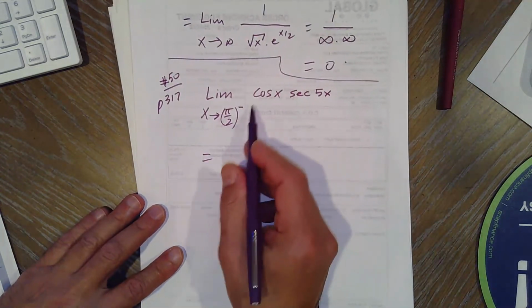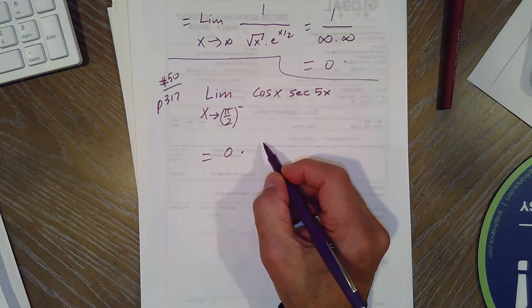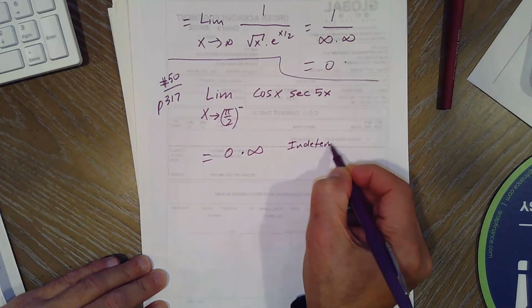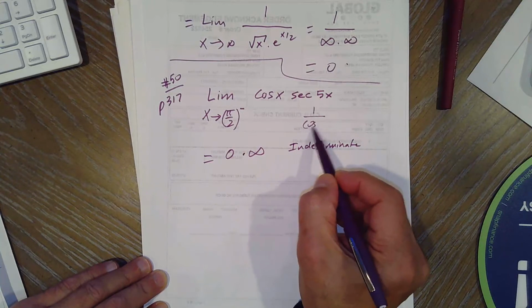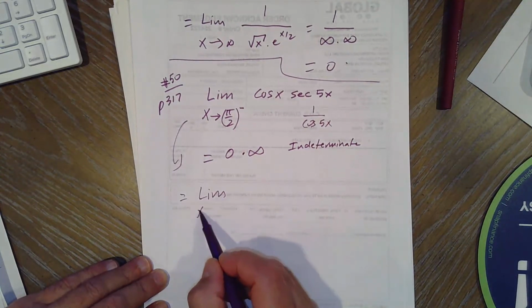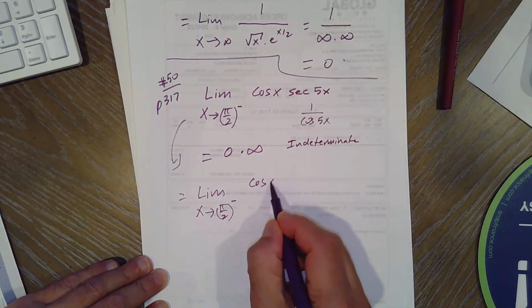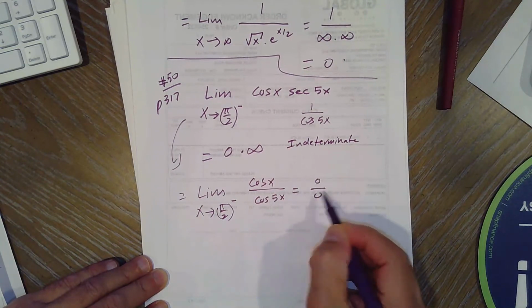So if we put that in, cosine pi over 2 is 0, secant 5 pi over 2 is infinity, so it's indeterminate. So to fix it, we're going to change secant into 1 over cosine 5x before we can use L'Hopital's rule, because we can only use L'Hopital's rule if it was a quotient. So it's cosine x over cosine 5x, and you can see now it's 0 over 0.